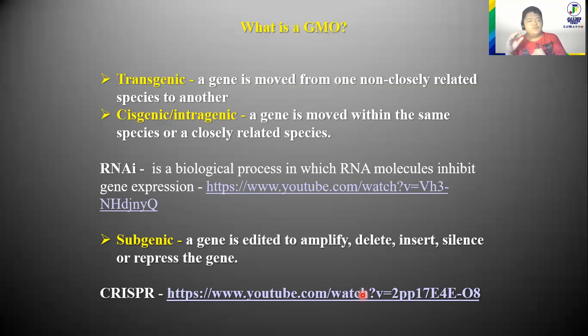Then there is RNAi, which I will show you in a video later on. And then the subgenic, a particular form of GMO where you edit the gene to amplify, delete, insert, or silence a particular gene in the genetic code of an organism.